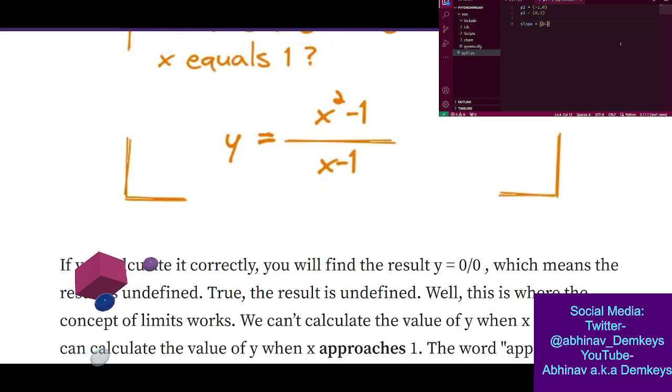So that would be 0 minus 2, divided by point 1's x minus point 2's x. Wait, -1 minus 0 is going to be 0.